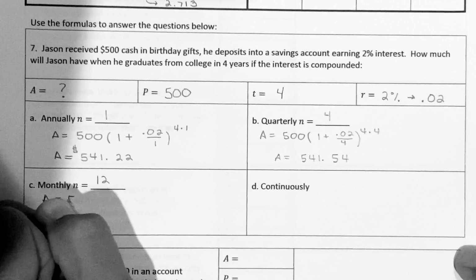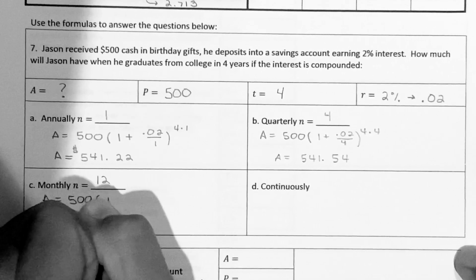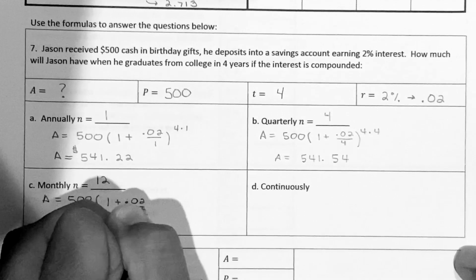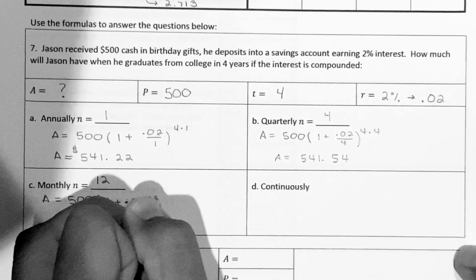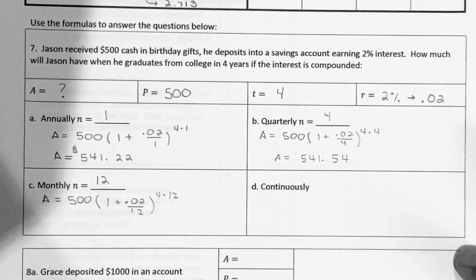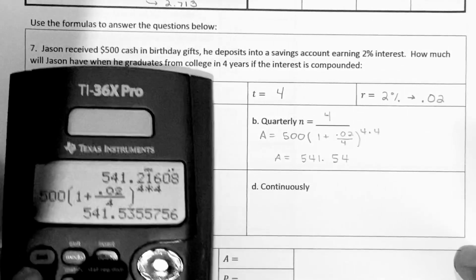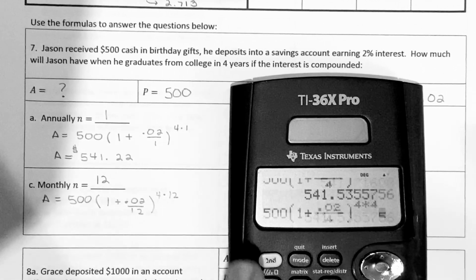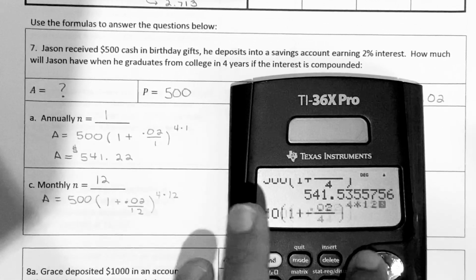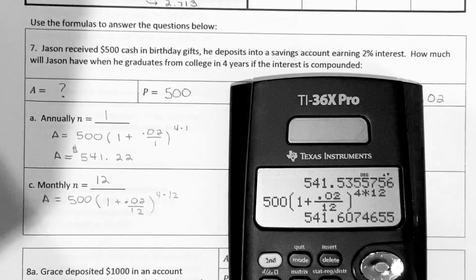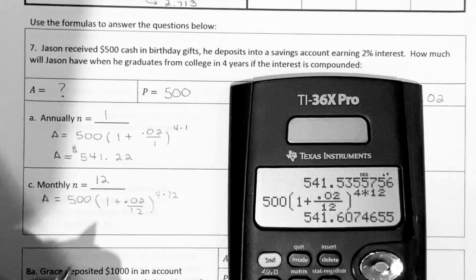A equals 500 times 1 plus 0.02 rate over 12, raised to 4 times 12. Basically nothing is changing except now I'm compounding it 12 times per year. So I can scroll up, change those 4s to 12s, hit enter. $541.61.